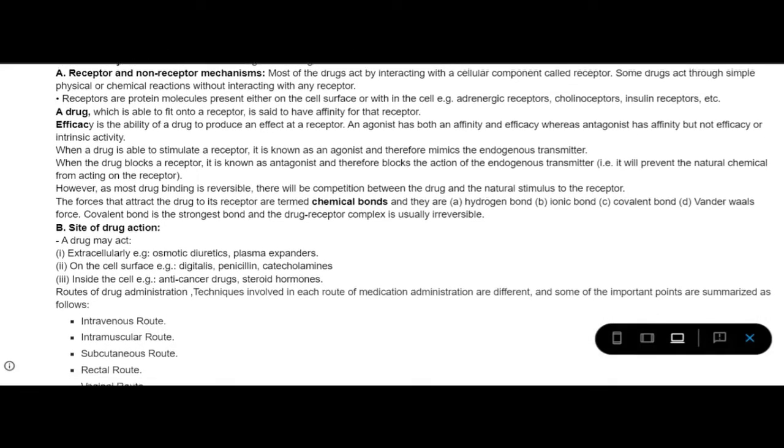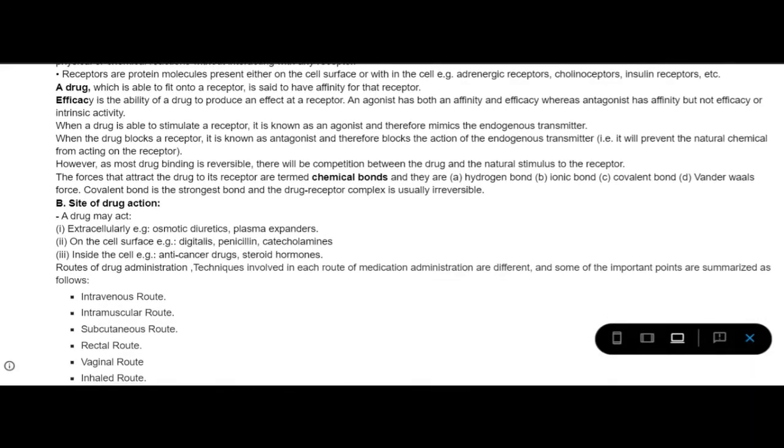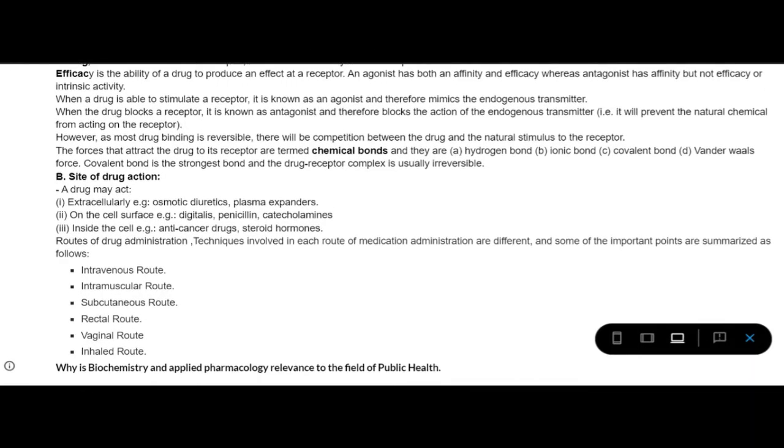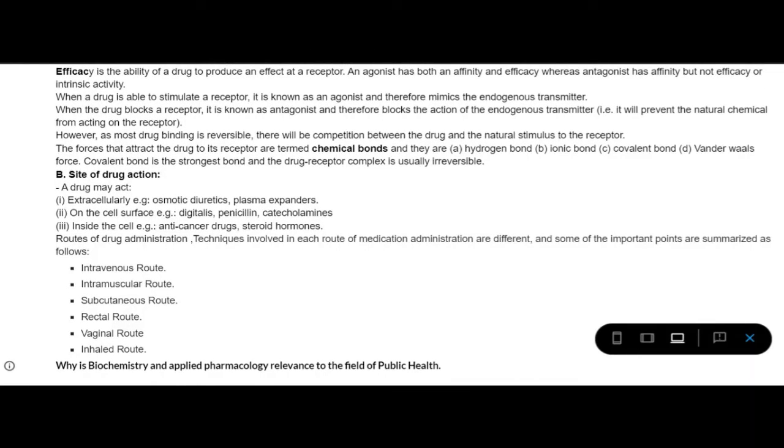What is a receptor? Receptors are protein molecules present either on the cell surface or within the cell itself. For example, adrenergic receptors, cholinergic receptors, insulin receptors. That is it.